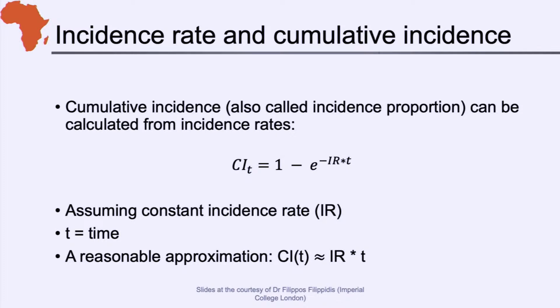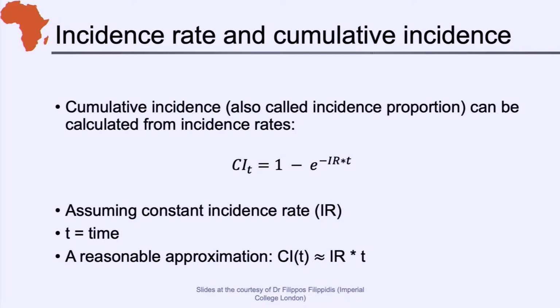Some more math now. The cumulative incidence, which we can also call incidence proportion, can be calculated from the incidence rate, where the cumulative incidence at a time point t is equal to 1 minus e to the power of minus the incidence rate times t.